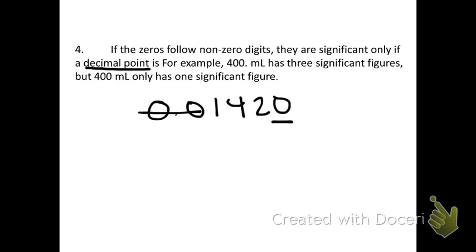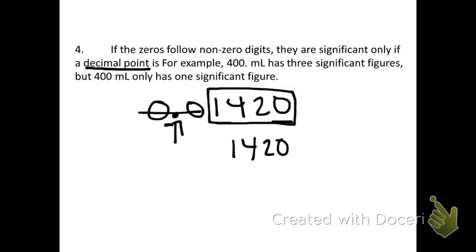Well, according to the rule, it says that a zero at the end of the number, which this zero is, will only be significant if there's a decimal point somewhere in the number. And there is. We have a decimal point right here. So therefore, that makes this zero significant. So we would say that we have 4 significant figures. The 1, 4, 2, and 0 are all significant. Alright, let's get some other ones here.